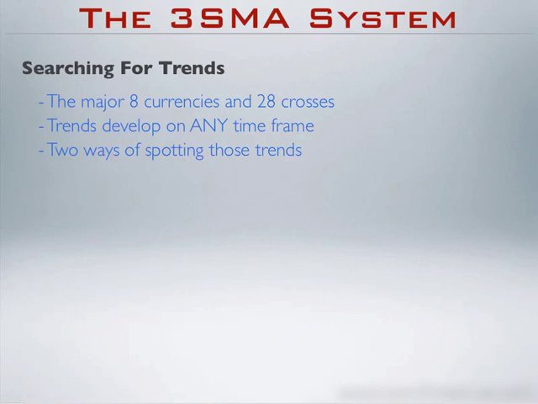So let's imagine you search for trends on the 15 minutes or the 30 minutes time frame. Trends come and go on those time frames on a daily basis, and you may find a valid trading opportunity every single day, but you may be shooting for just 25, maybe 30 pips per individual position.